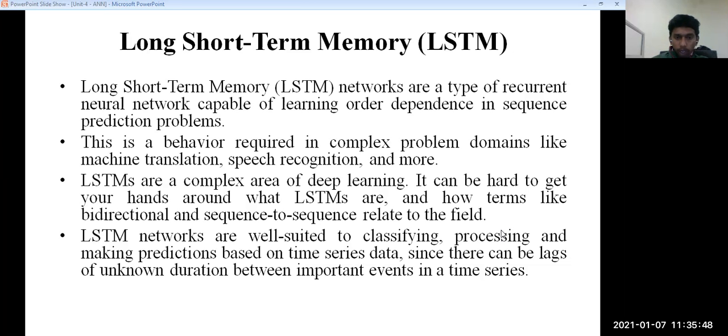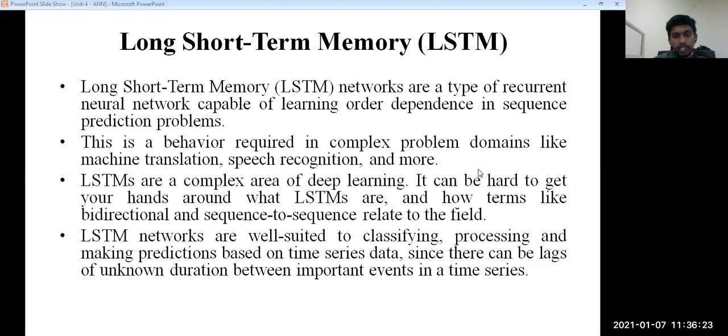LSTMs are a complex area of deep learning. It can be hard to get your hands around what these LSTMs actually are and how terms like bidirectional and sequence to sequence relate to the field. I am not diving much into the concept of long short term memory because of our syllabus constraints. There are many more things we can learn about recurrent neural networks, but because our concept is only a basic introduction to RNN, I am not going into more detail.